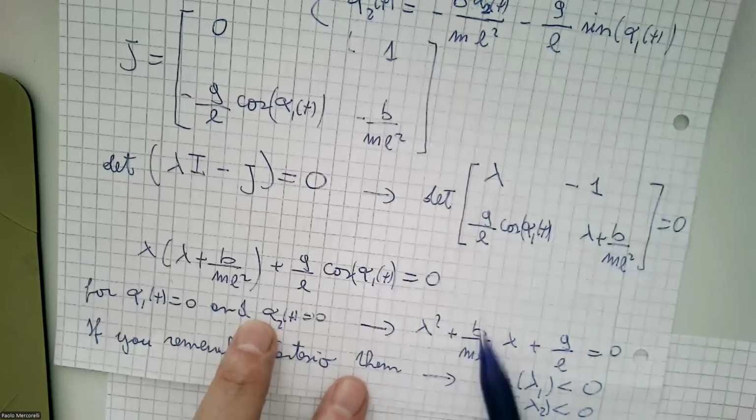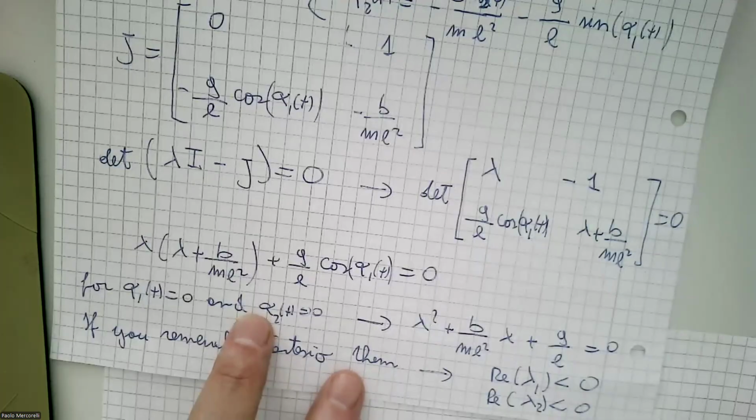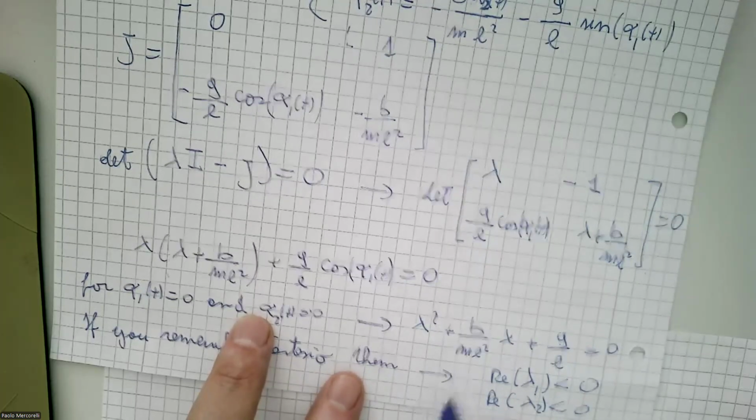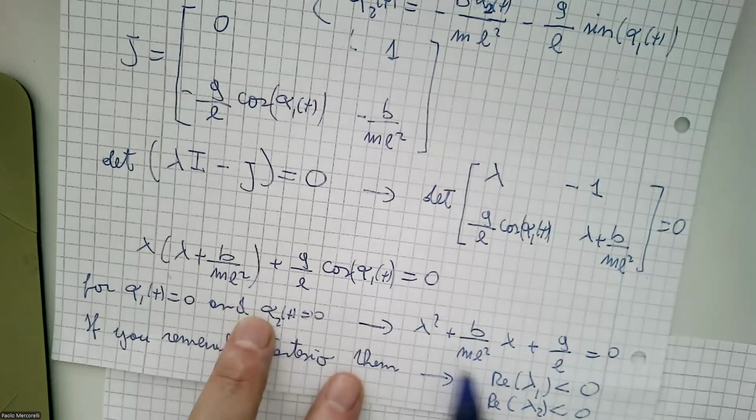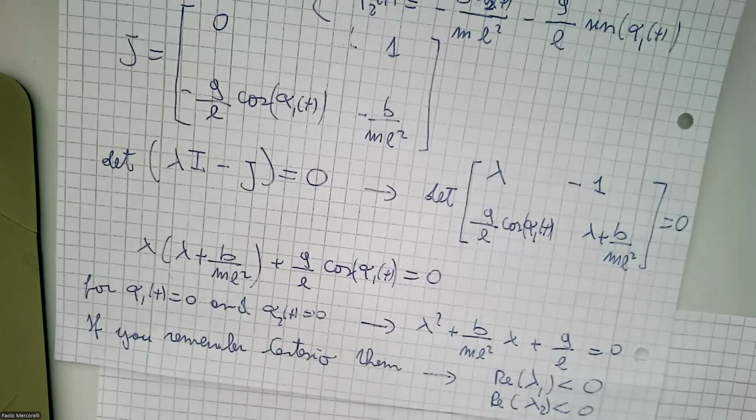And then we can build conditions on this element here. Typically we have a condition on B, M, and L. But this can be easily calculated.